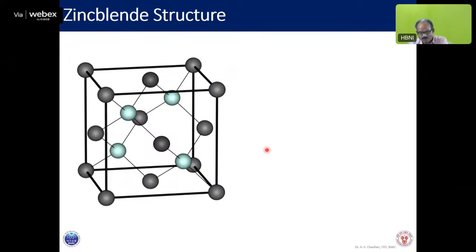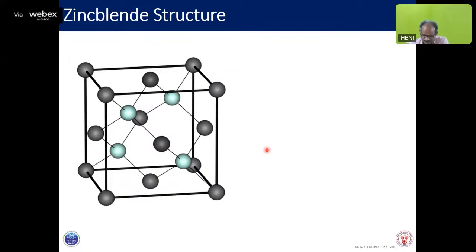So if you have such kind of elements where the size is very different, then the same diamond structure becomes the zinc blende structure.